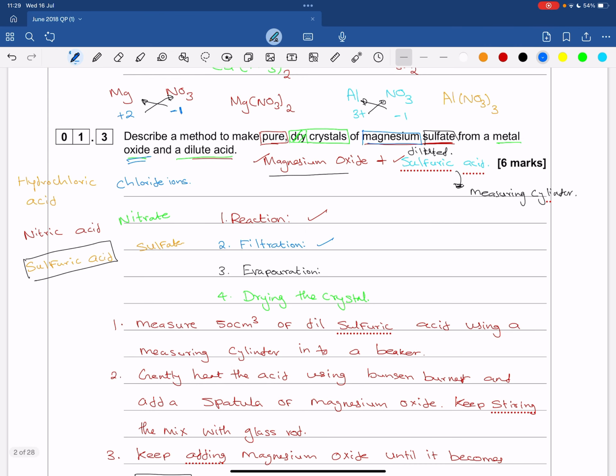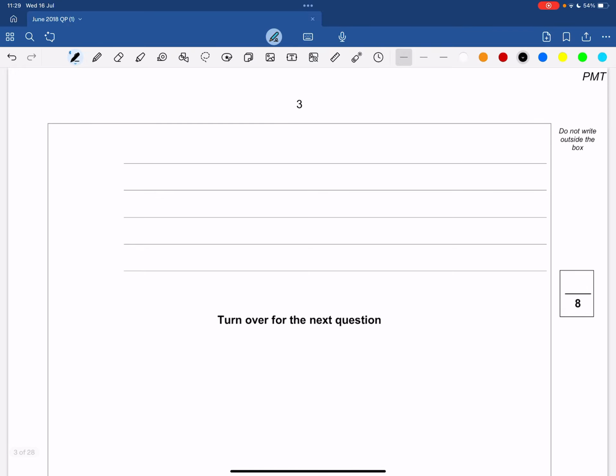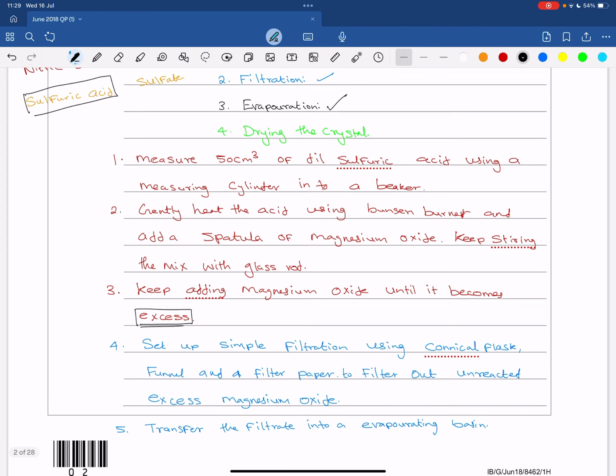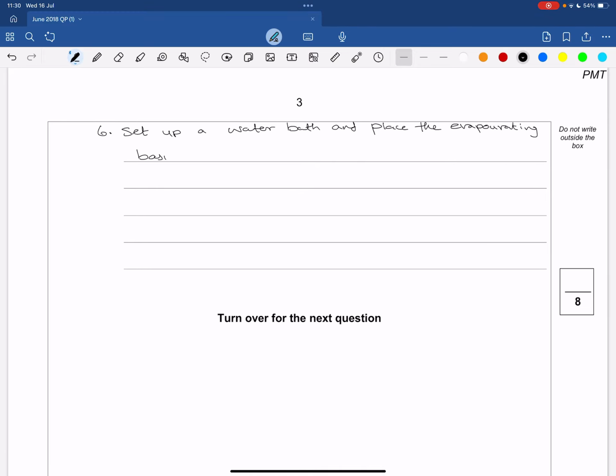So we have done the filtration step. Now we have to talk about the evaporation step. Let's talk about the evaporation step. In the evaporation step, you set up a water bath and place the evaporating basin on top of it.